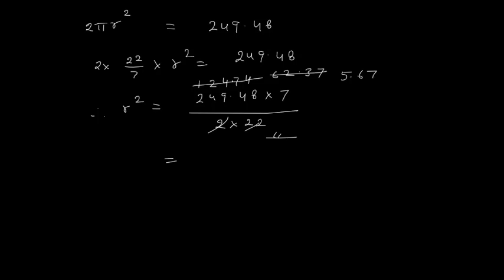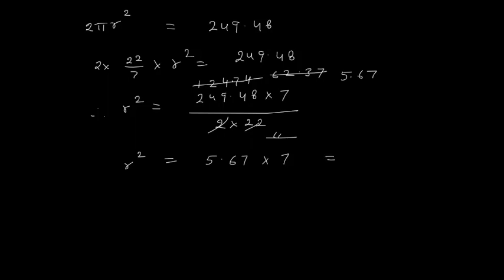R square is 5.67 into 7. Is it correct? 5.67. So R square is equal to 5.67 multiplied by 7.